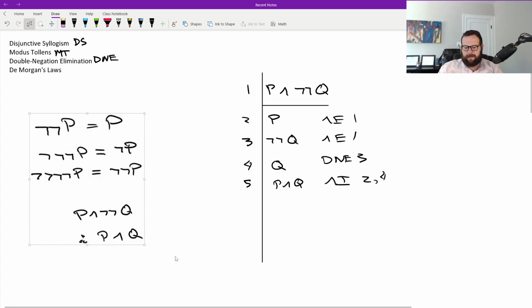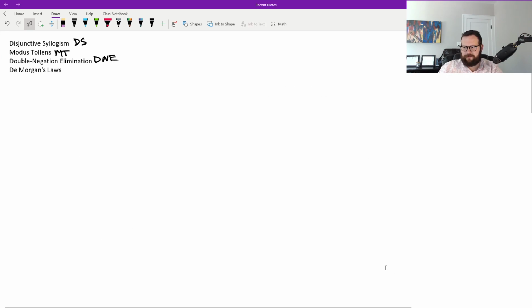All right. The next rule is not necessarily difficult, but also not as intuitive. De Morgan's. Technically speaking, there's 4 ways you could use De Morgan's, but there's really only 2 patterns, so we'll break it into 2. De Morgan's works over conjunctions and disjunctions that have some kind of negation involved.